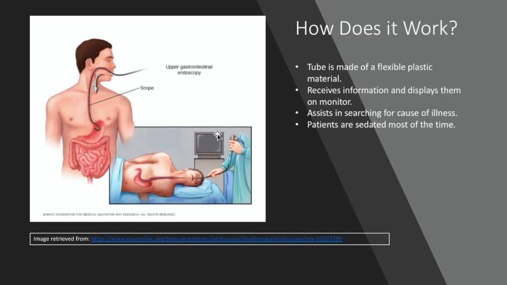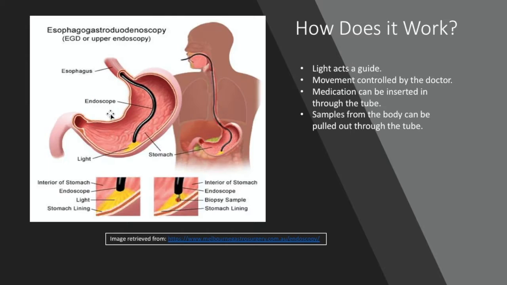He or she can navigate the tubing tip to observe different parts of the stomach. As you can see here in a better view, the tip contains a light to view the internal parts of the stomach more efficiently.